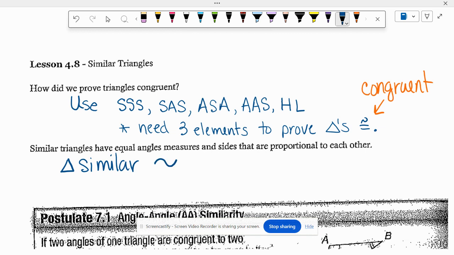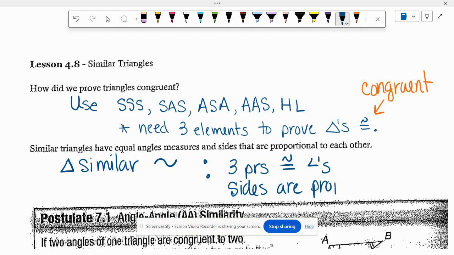That's the symbol for similar. If triangles are similar, we still have 3 pairs of congruent angles. If they're similar, their angles are still congruent. You have to have 3 pairs of congruent angles. But the sides aren't congruent. Instead, they are proportional.